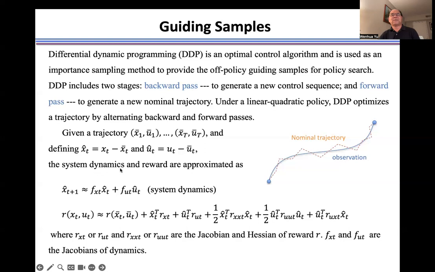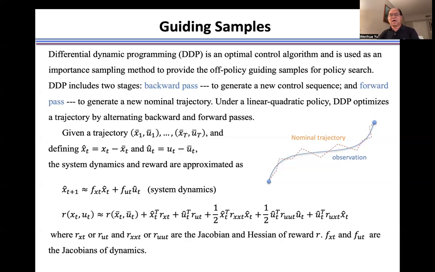Then the system dynamic and the real world are approximated as this linear system dynamic, and this is the real world at the state S and action U. We use Taylor expansion to get this Taylor series. Here the R X, R U is the Jacobian, and XX, UU is the Hessian.